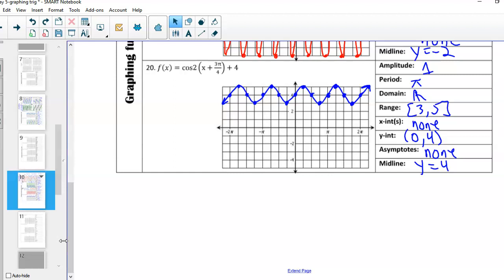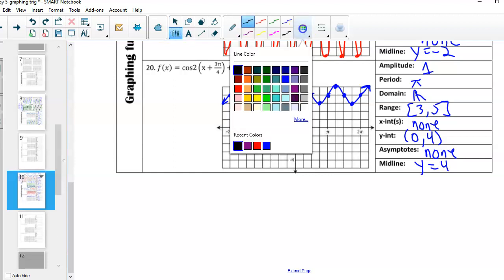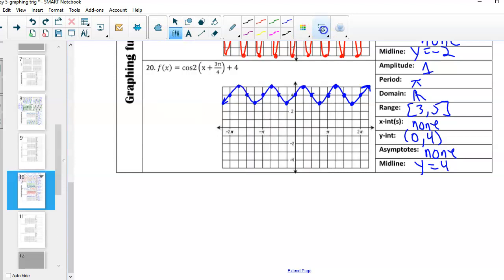Just so you have it, the final table for that one was this. Wait, you're doing the final? Yeah, just the final table.